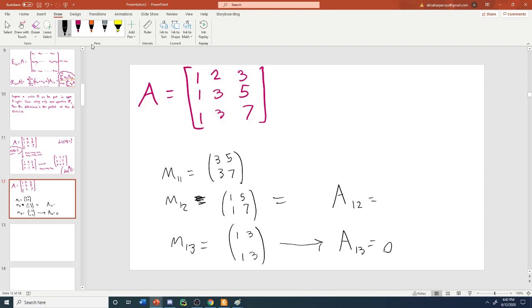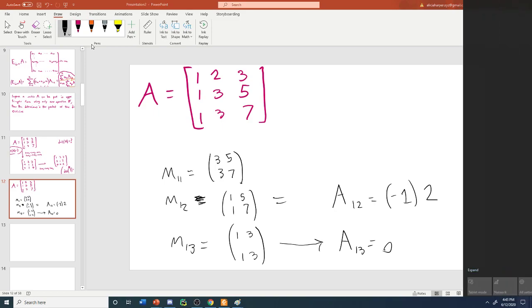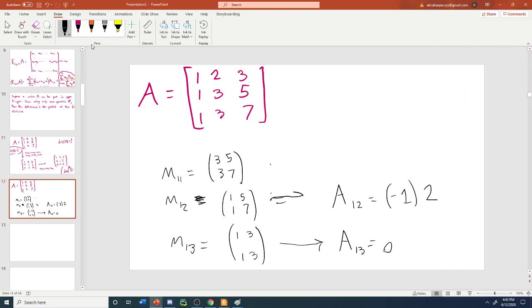A12 is going to be equal to -1 times the determinant of this matrix. So -1 times 2. And then I have to figure out A11. So I have to look at the determinant of this matrix.